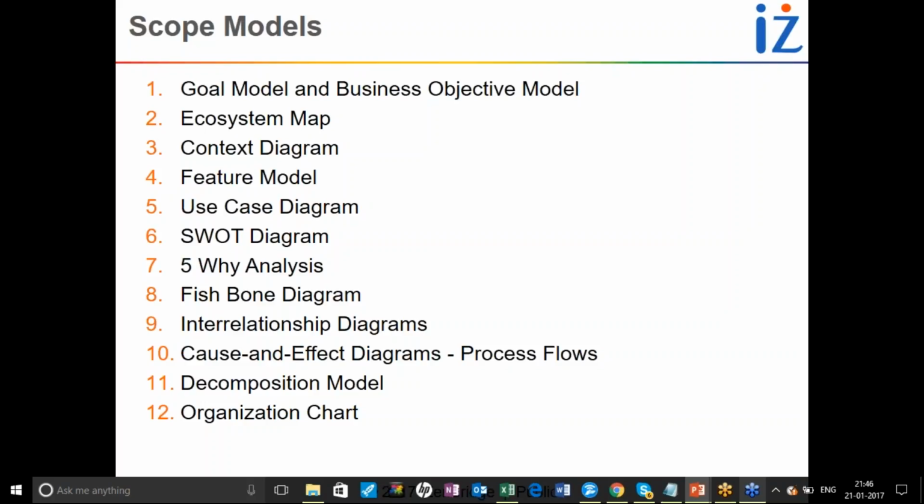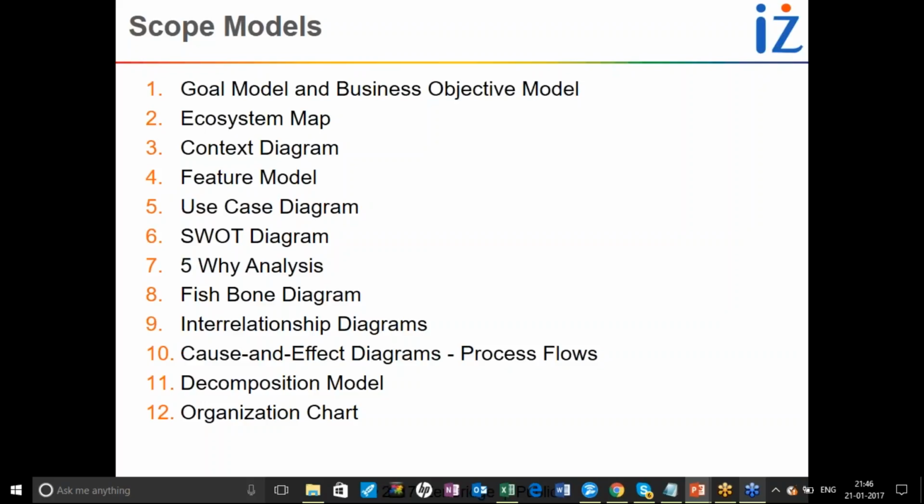Here we are associating the requirements with the high level goals and objectives, because after all we are initiating a project to solve a problem, and there are goals to solve those problems. So we map the requirements with the high level goals and objectives.